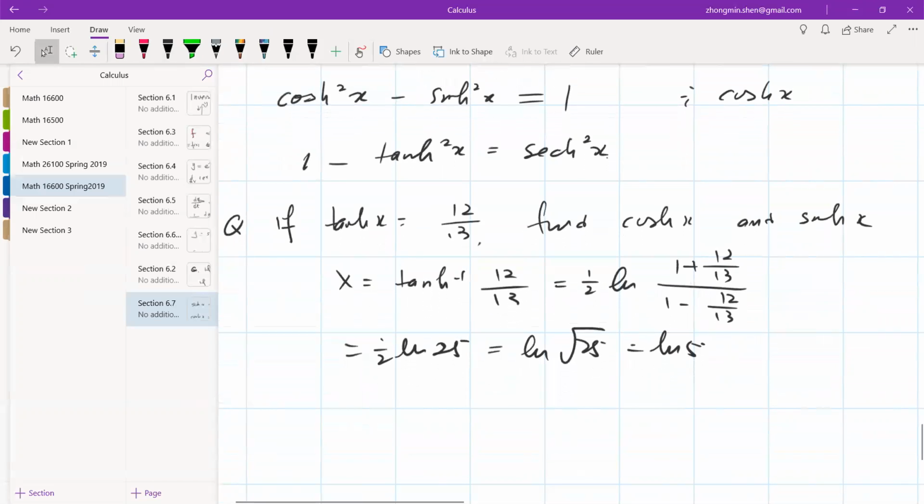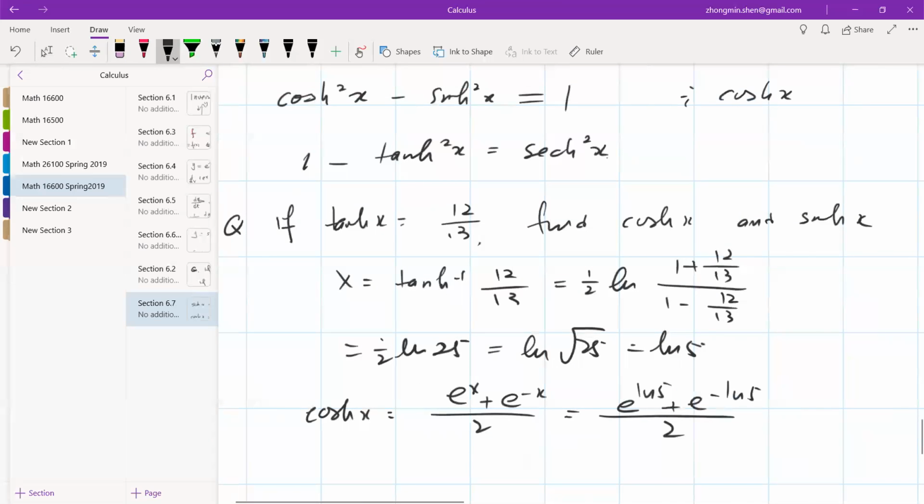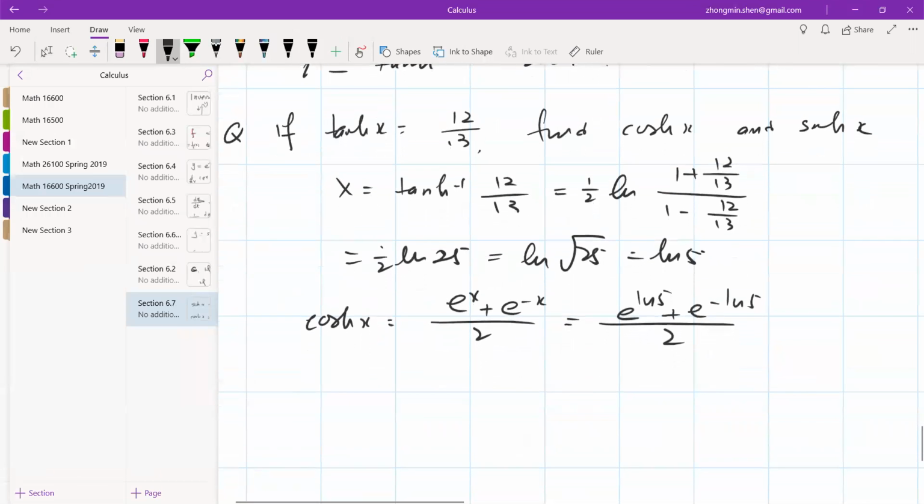Then hyperbolic cosine x is nothing but e to the x plus e to the negative x, over 2. So that's going to be e to the natural log of 5, plus e to the negative natural log of 5. The first one is just 5.